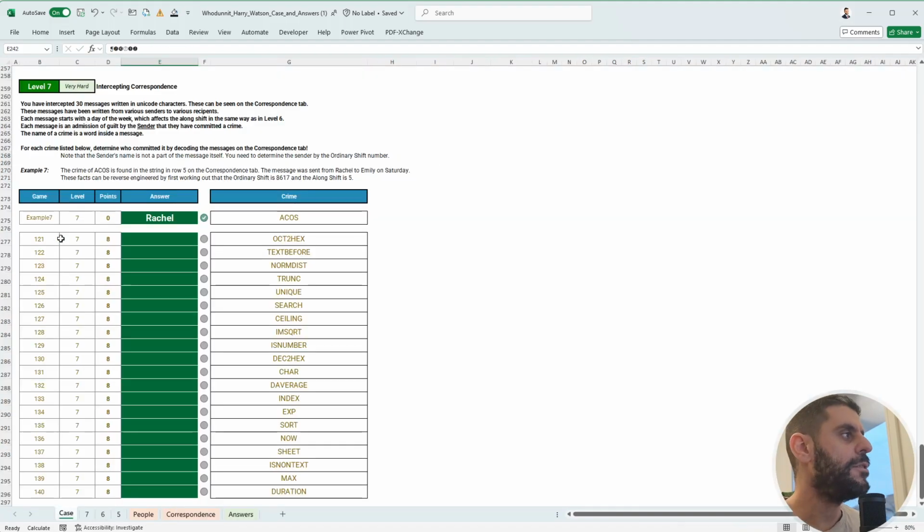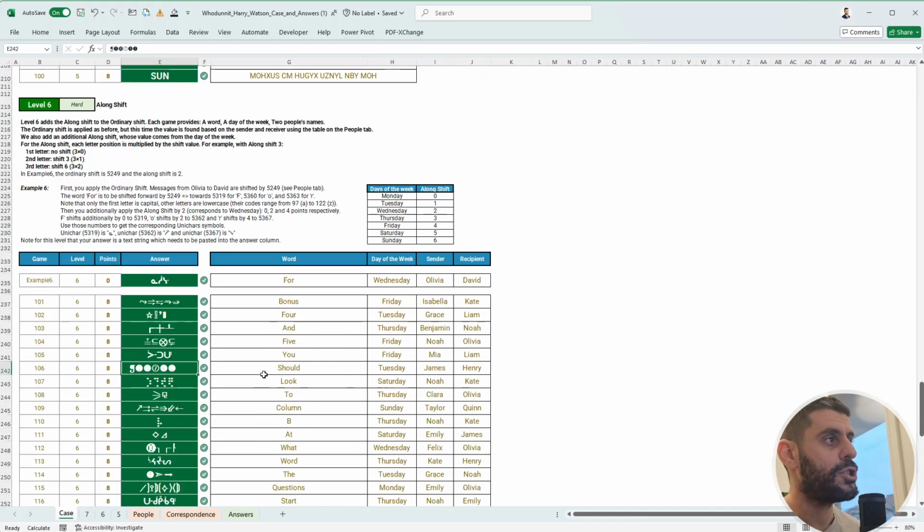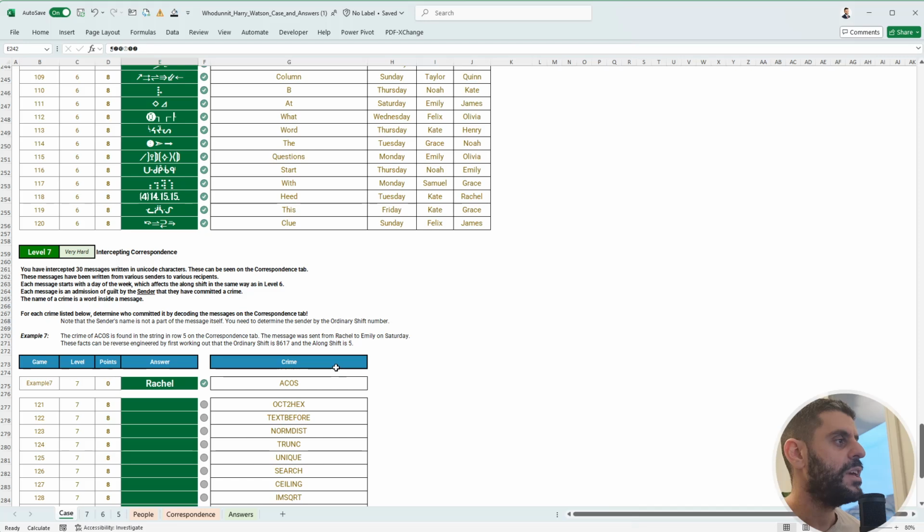So basically here you're told those are the 30 messages sent. Each message begins with the day of the week, and the logic for the along shift is the same of level 6. You need to find basically that day of the week to figure out what could be the ordinary shift and the along shift.